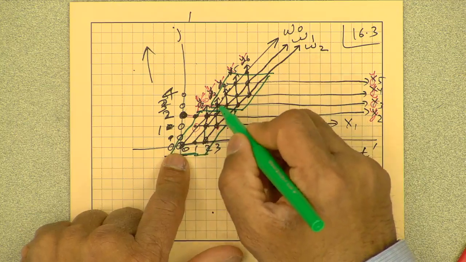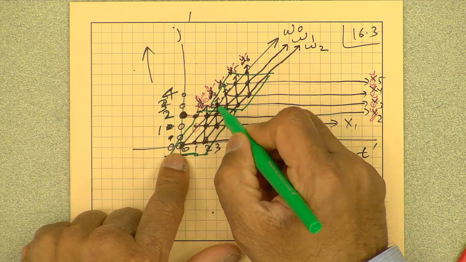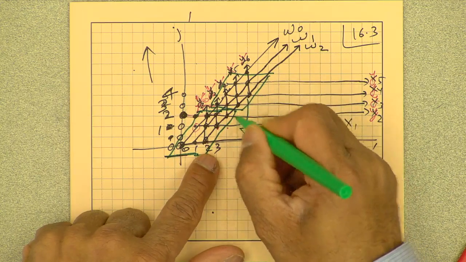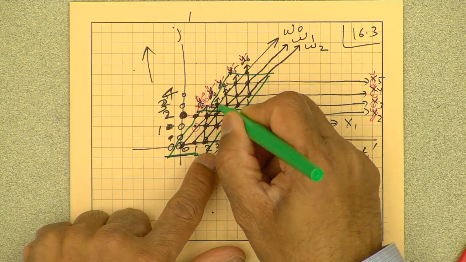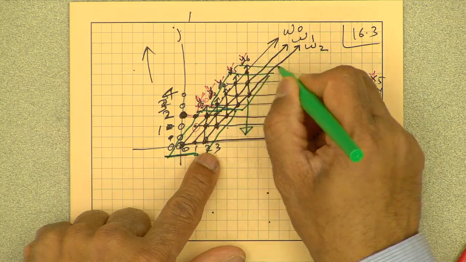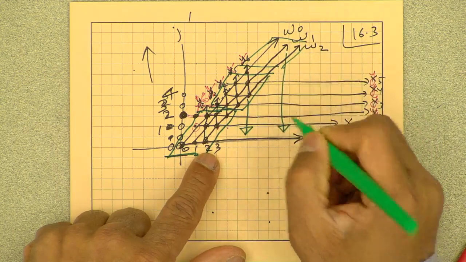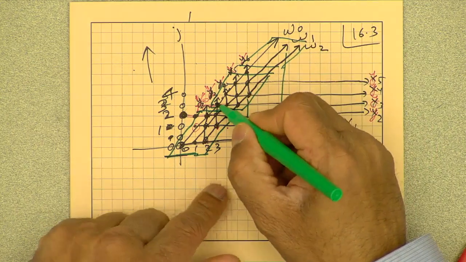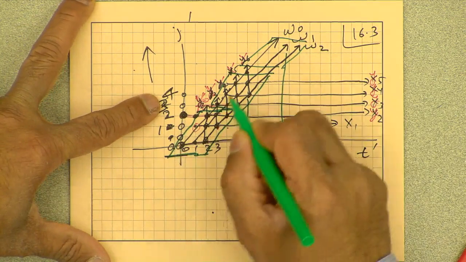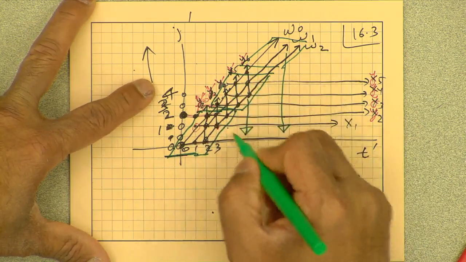Next, I need a new PE3 to compute y3 here, but lo and behold, I can simply move this down by 3. So that will come back here. So the next one will move down here. So this so-called PE number 3 comes back to PE number 0, PE number 4 comes to 1, and 5 comes to 2, 6 comes to 0.